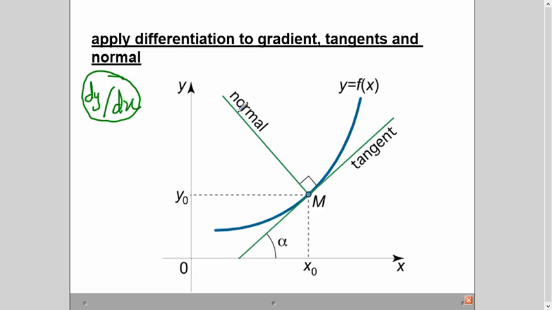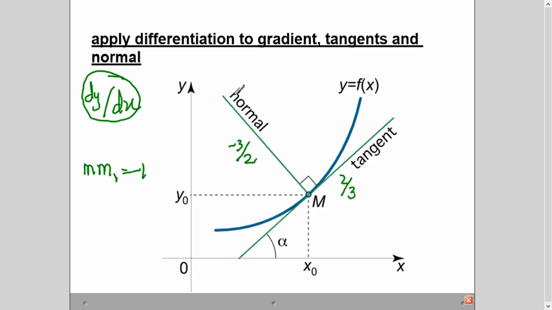And since the normal is perpendicular, we know it from the coordinate geometry concept. The relation between the gradient of the tangent and the normal is that when you multiply the two gradients, the answer is -1. For example, if the gradient of the tangent is 2 upon 3, then what will be the gradient of the normal? -3 upon 2.